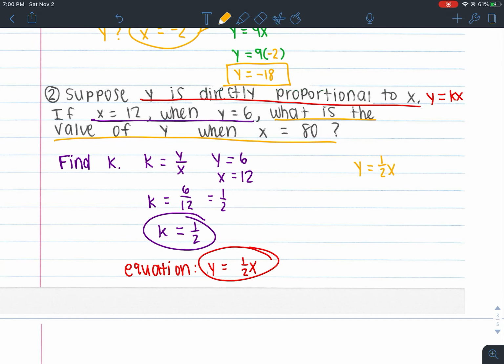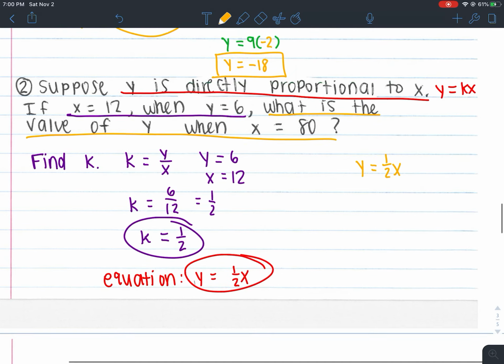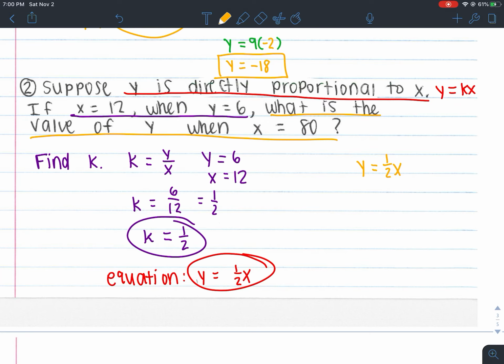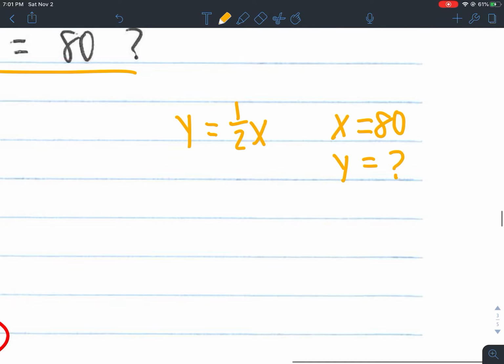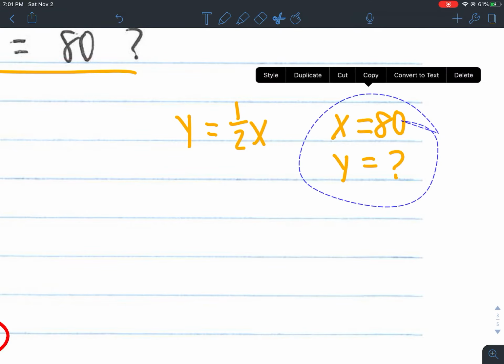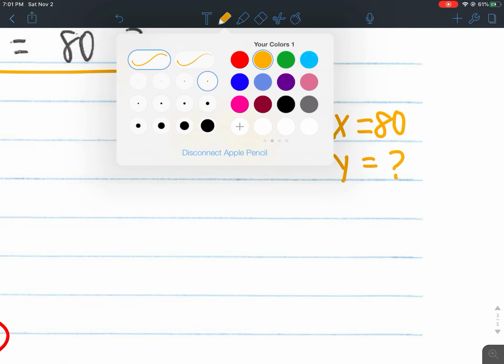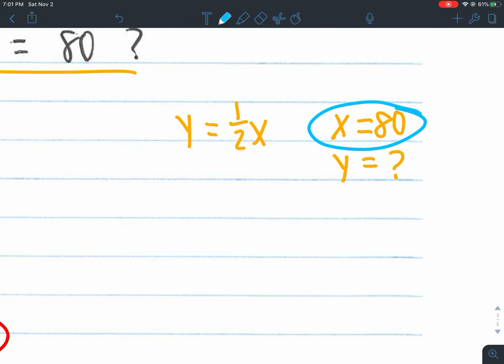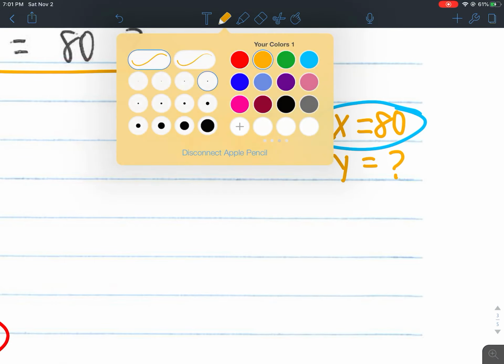Okay, it says what is the value of y when x equals 80? So let's go ahead and try that. We know x is equal to 80, and it says what is the y value? So we don't know the y value, but we know the x value. So let's plug in what we know. We know x is equal to 80, so let's plug x into the problem.